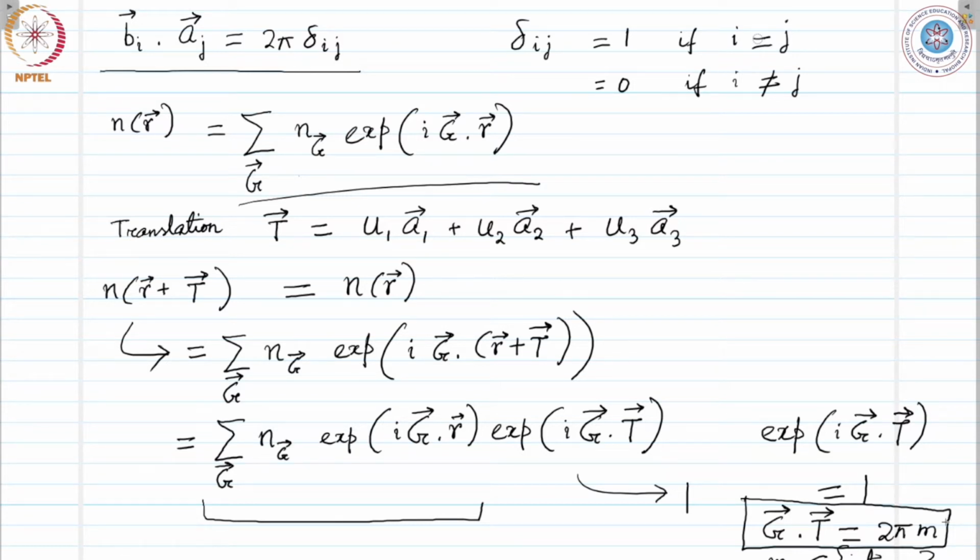How can we satisfy this condition? How do we represent G in the reciprocal lattice? Just like T in the real lattice, we represent G in the reciprocal lattice as v1 b1 plus v2 b2 plus v3 b3.